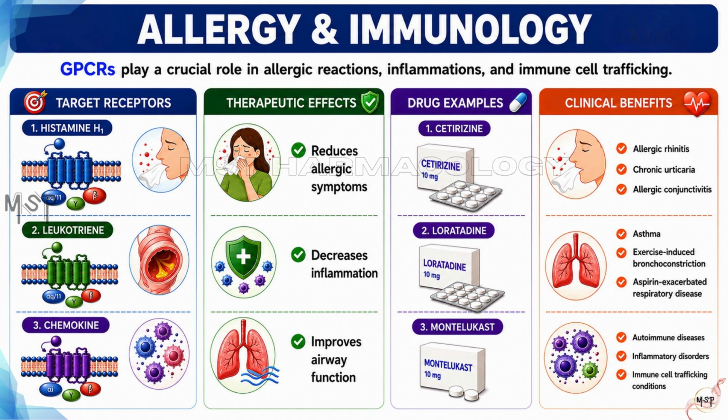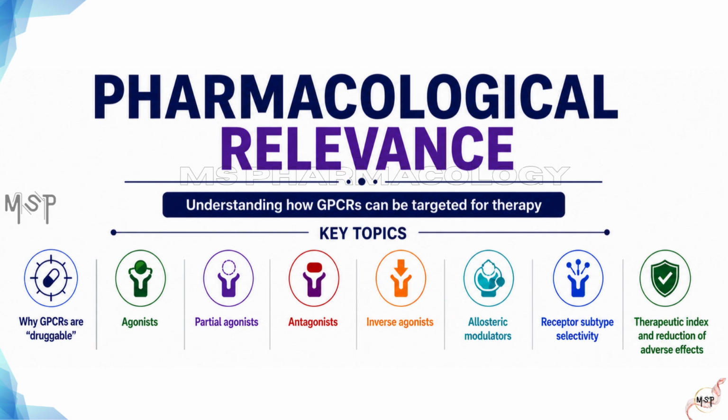Common examples include cetirizine, loratadine, and montelukast. GPCRs provide highly effective therapeutic targets. This remarkable diversity explains why GPCRs remain one of the cornerstones of modern pharmacotherapy and continue to drive the development of new medicines. Having examined the major clinical applications of GPCRs, let us now understand their pharmacological relevance.